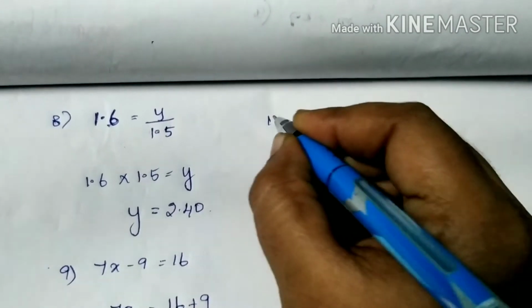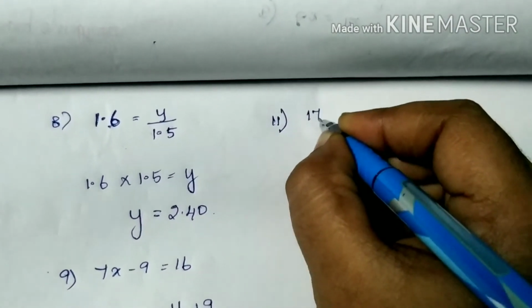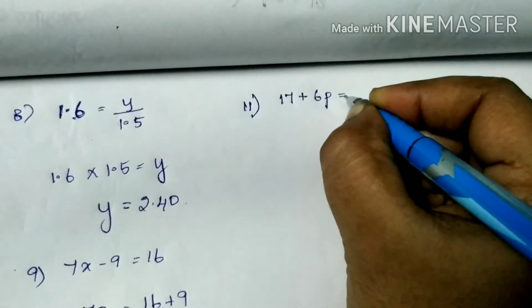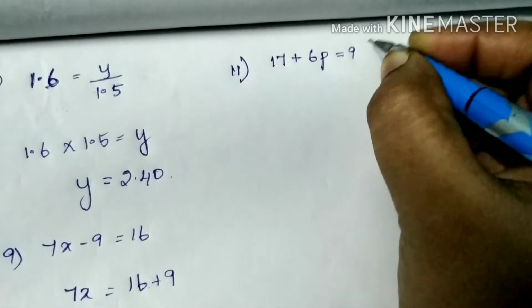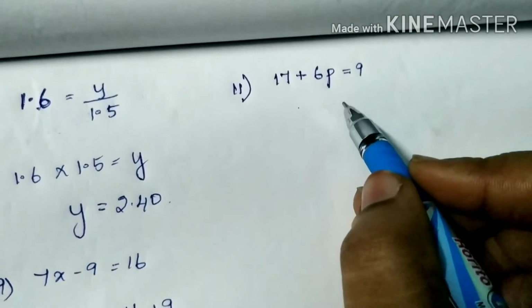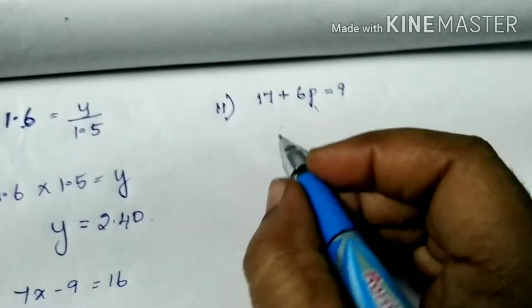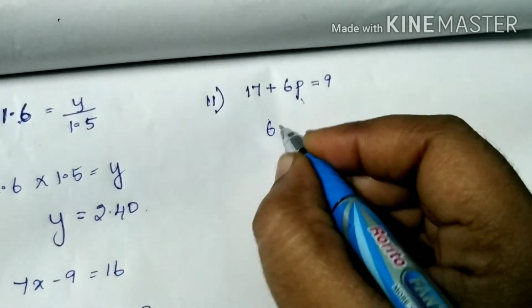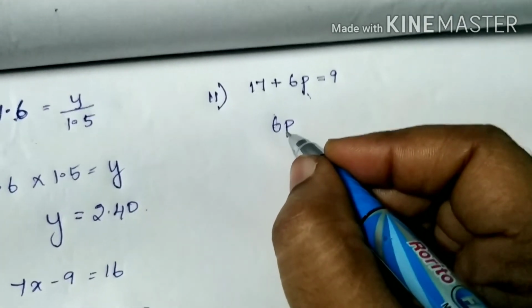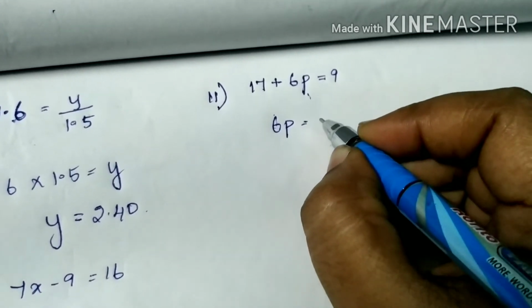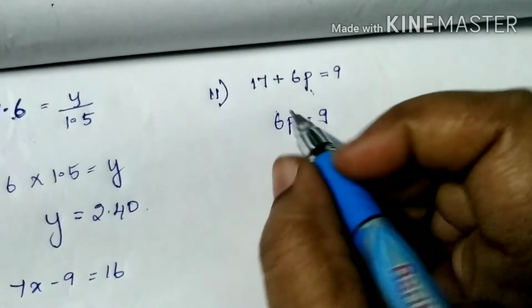And next, your 11th question is 17 plus 6p is equal to 9. So here the variable term is 6p. This is a constant term. So how to find the value for the variable? So I'm keeping the 6p alone this side, and I take this to that side. 9 is already there.